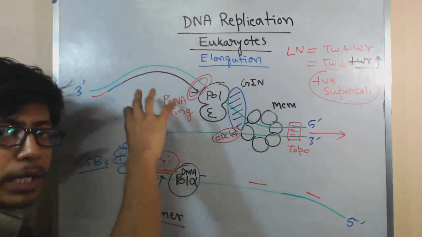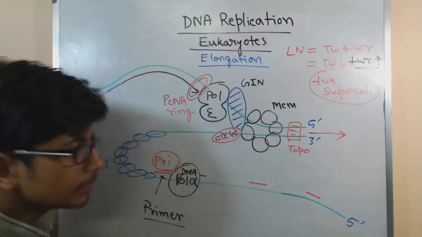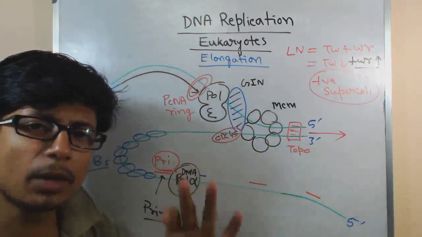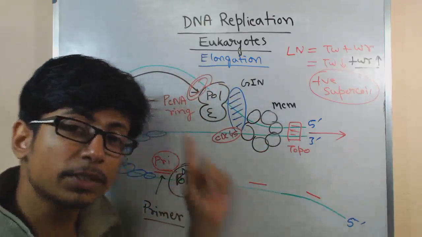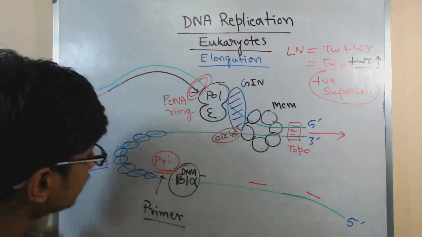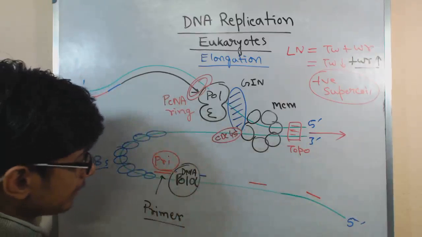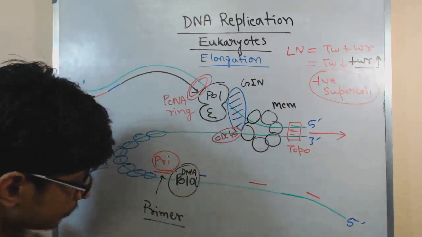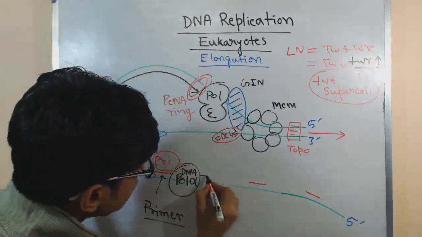They will start adding nucleotide sequences for the leading strand, and it will keep adding nucleotide sequences throughout this time without any disruption. That's why it's called leading strand, continuous synthesis. On the other hand, the lagging strand, they will also load another polymerase called, remember, the polymerase delta.